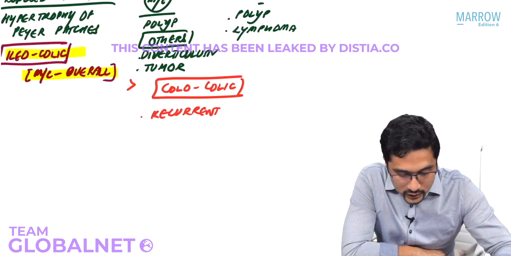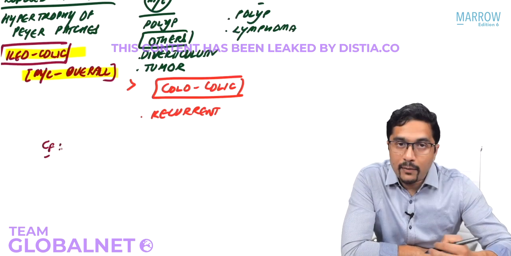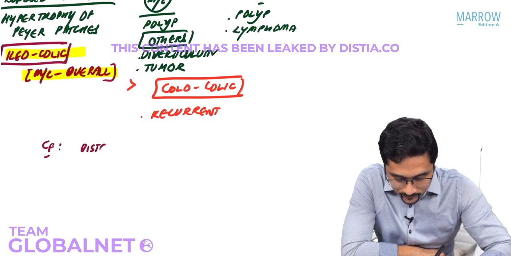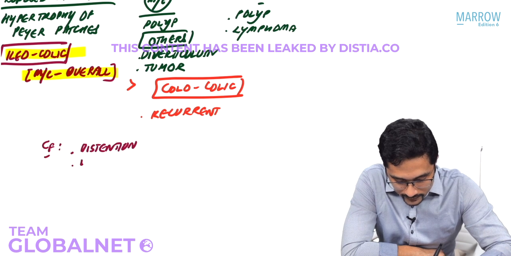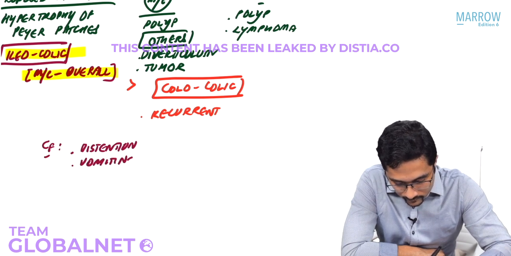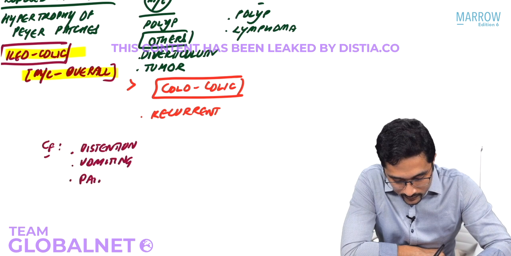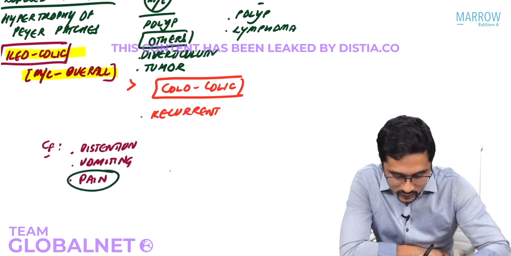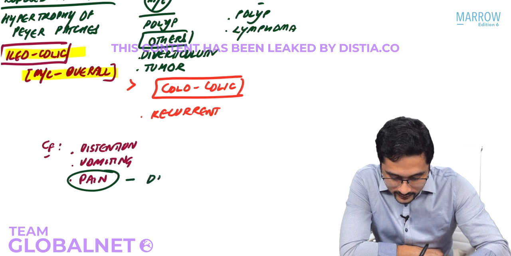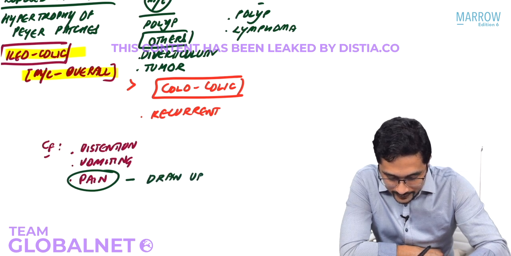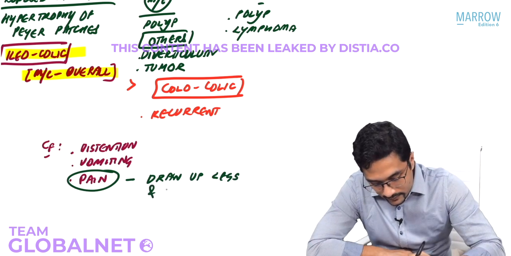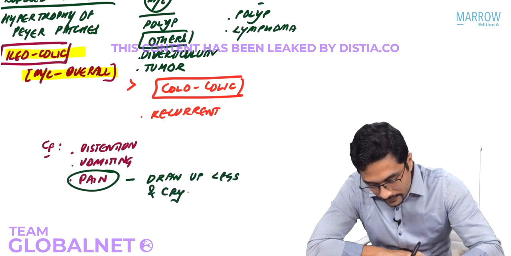Now, the clinical features of intussusception are like bowel obstruction. So we know the patient is going to come with distension. We know the patient will have vomiting. The child can have pain, and the child of course cannot complain of pain, but what they usually do is that they draw up the legs and they cry at that time.